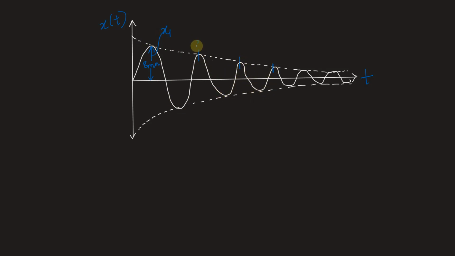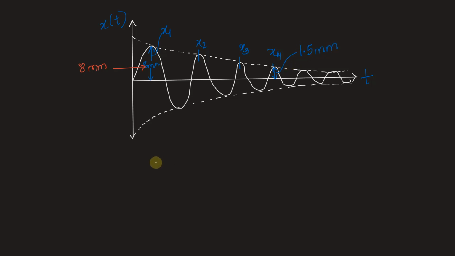Let's say this is x1, this is x2, x3, x4. After 3 cycles we have the amplitude to be x4. This maximum amplitude is 1.5 mm. So it has reduced from 8 mm to 1.5 mm.